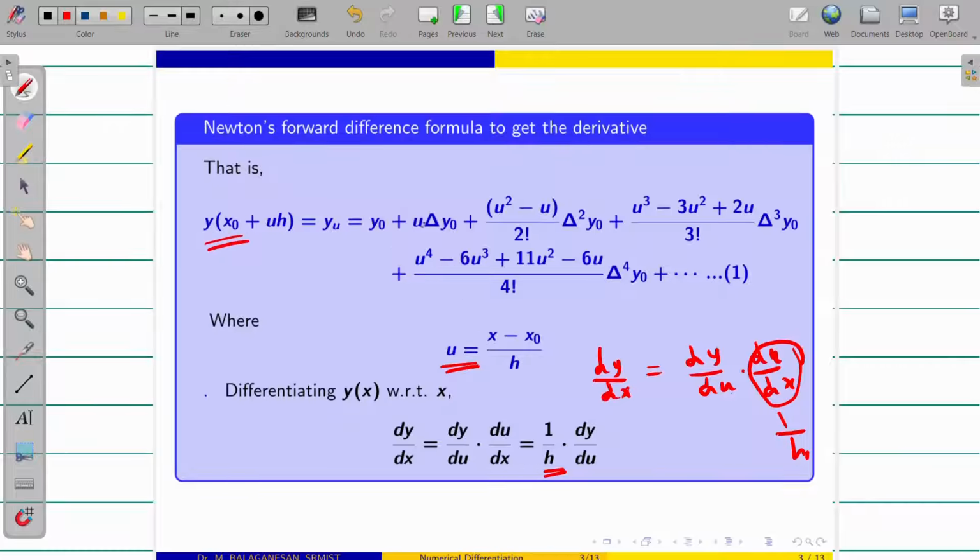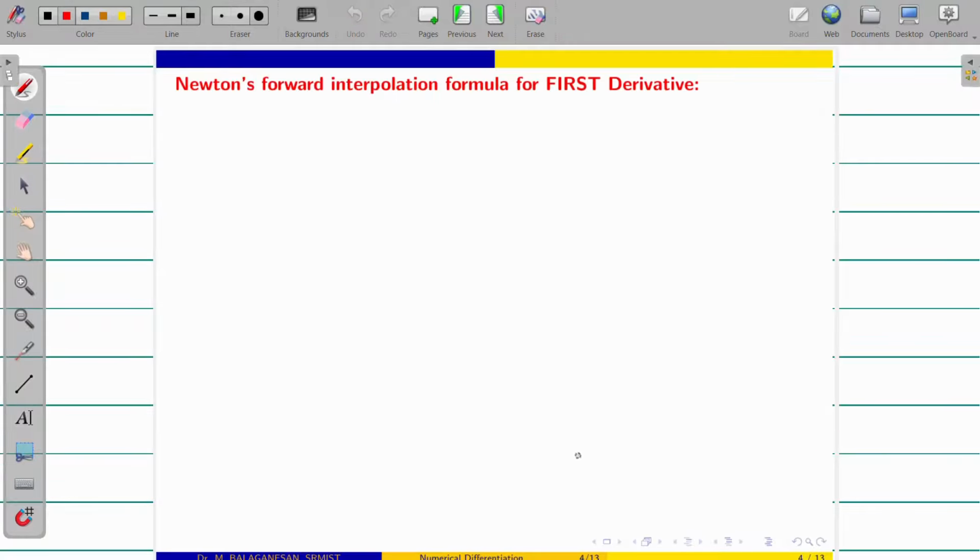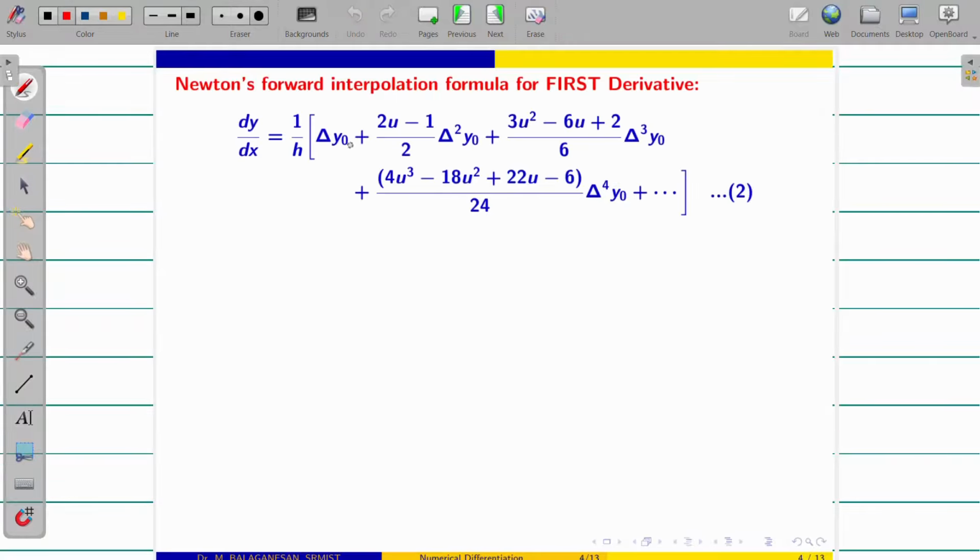Differentiate this with respect to u, as I told you already. For the first derivative, 1 by h will be in the multiplication and differentiate your Newton's forward interpolation formula. That is y equivalent to something. That equation will be there with respect to u. dy by du. So 1 by h into this. That's it. So 1 by h into, if you are differentiating with respect to u, this one only you will get.